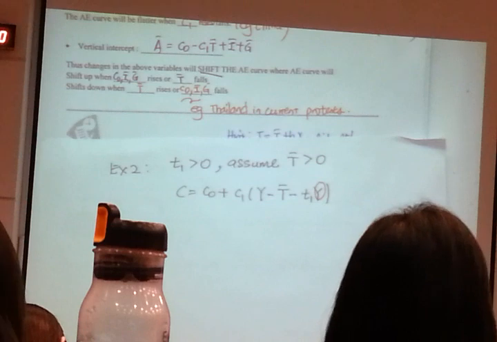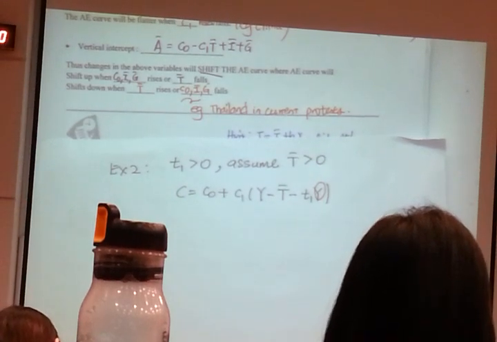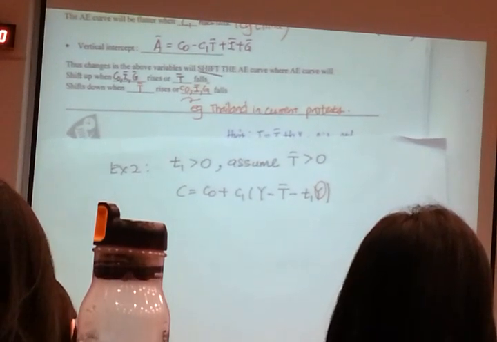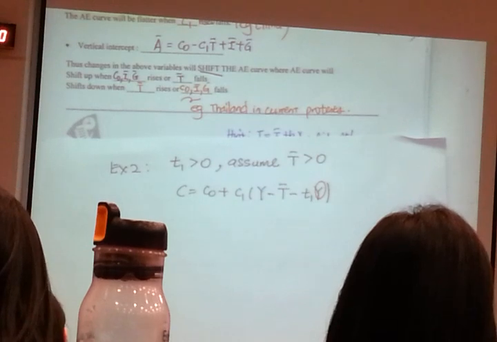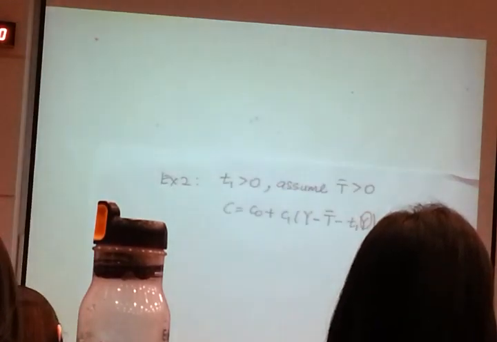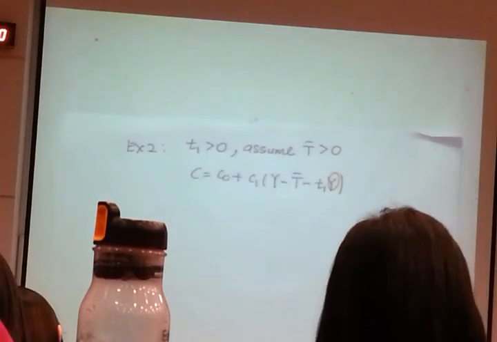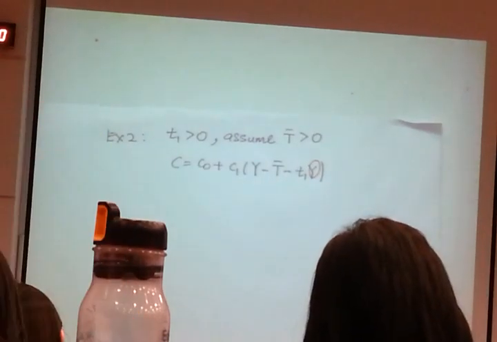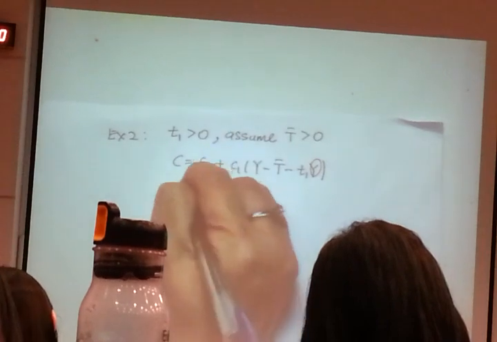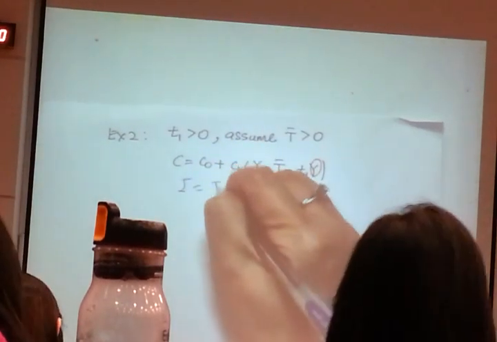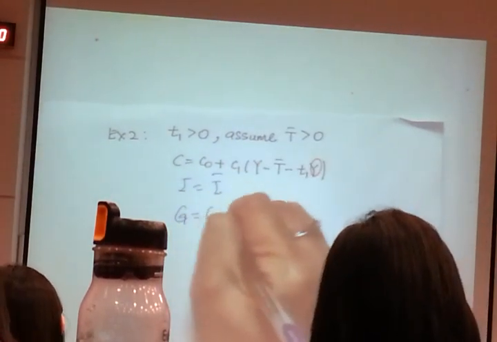A lot of times students merely put in minus T1. So you must remind yourself T1 is a percentage. It's a percentage out of your income. Then investment is just I bar, government spending G bar.